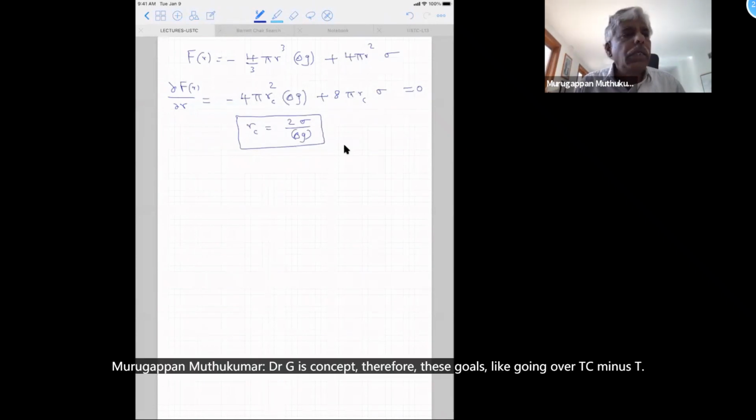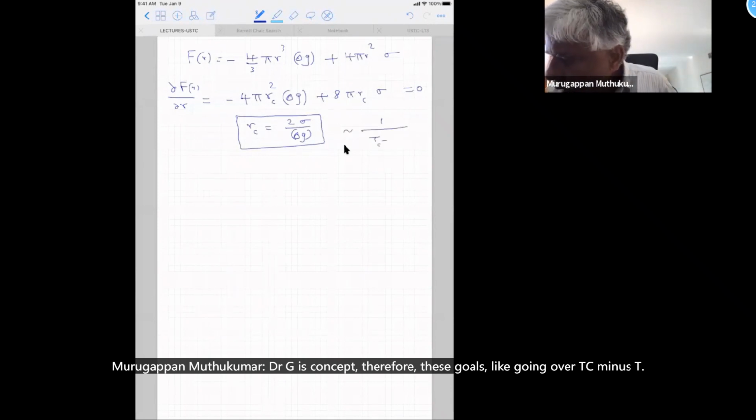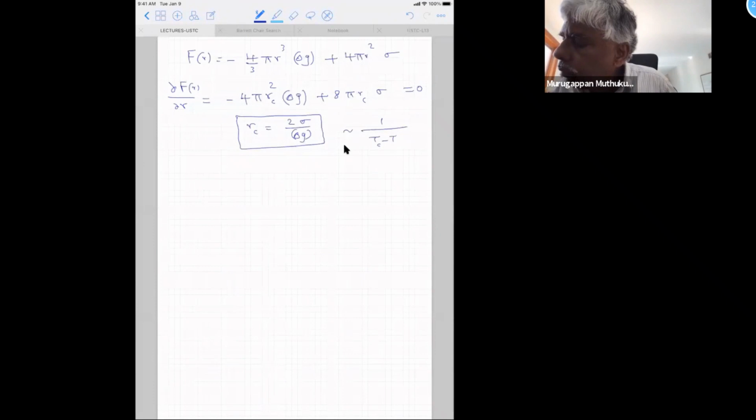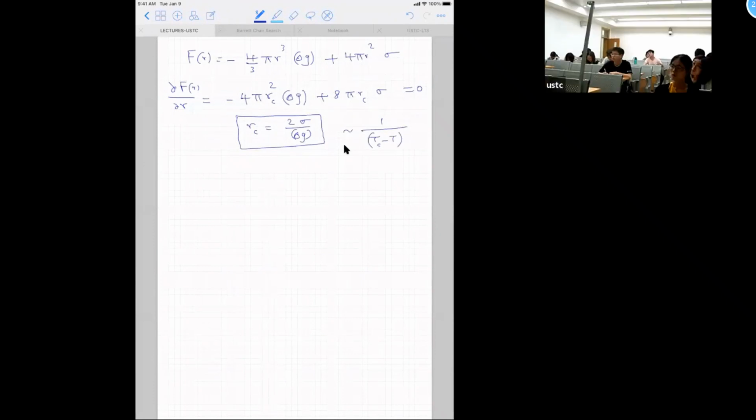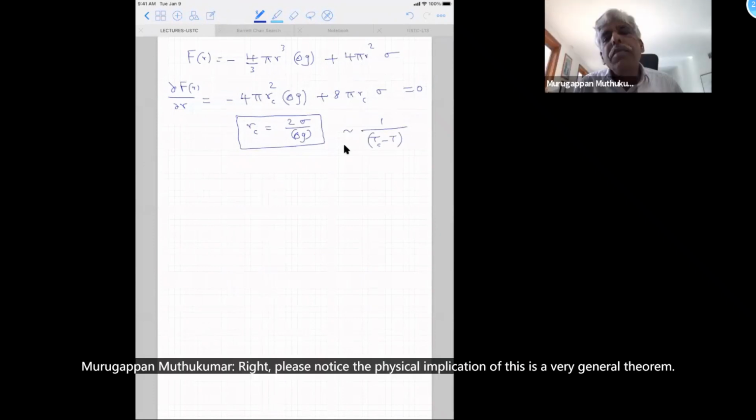And delta G is quench depth. Therefore, this goes like 1 over Tc minus T. Please notice the physical implication of this. This is a very general theorem.